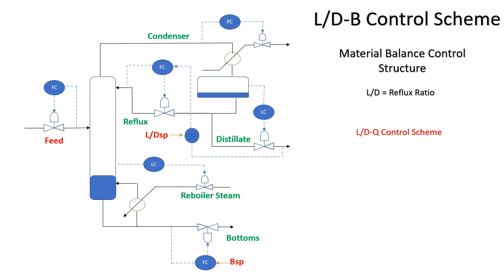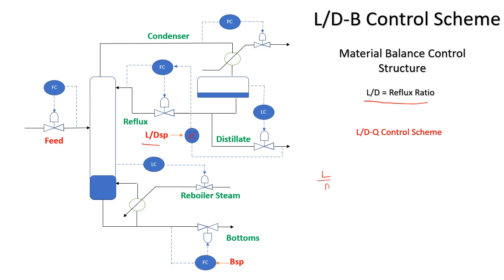Other than that, we can also have L by D control, L by D to B control. L by D is known as the reflux ratio. So the operator can give an L by D set point, and this particular block takes input from the flow of the distillate. Basically this is a multiplication block.